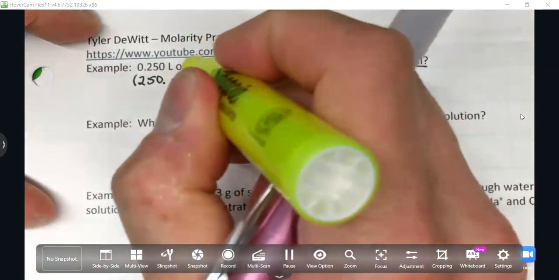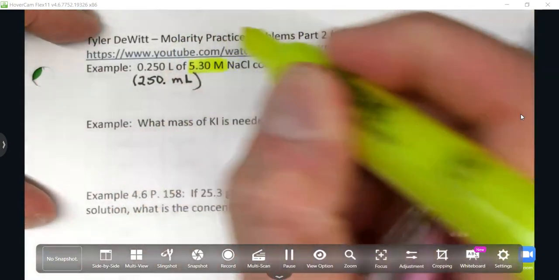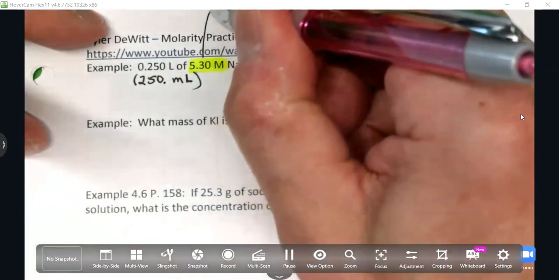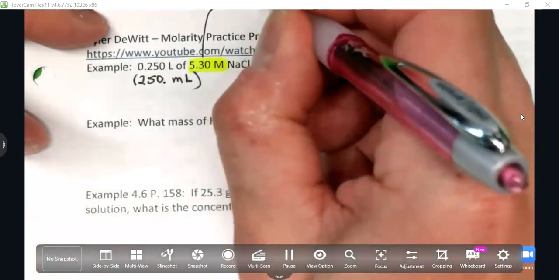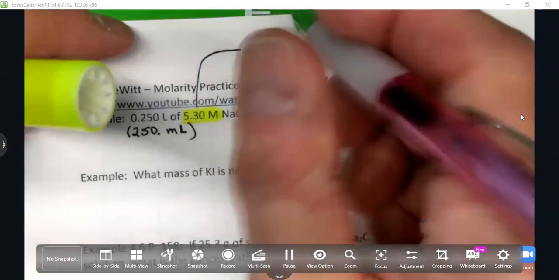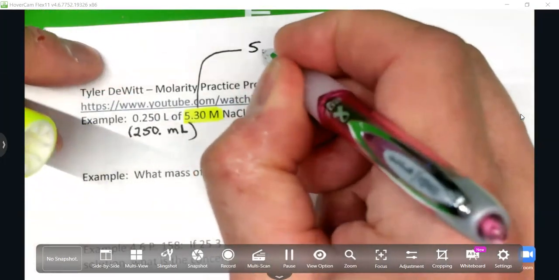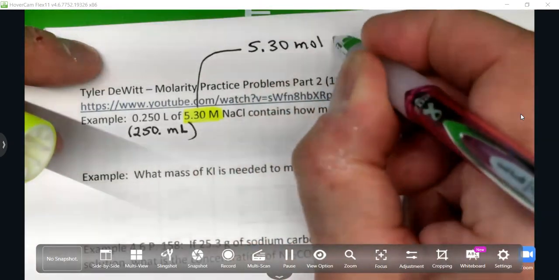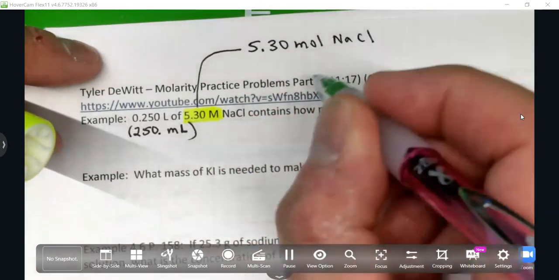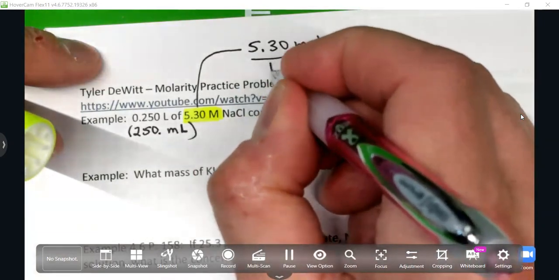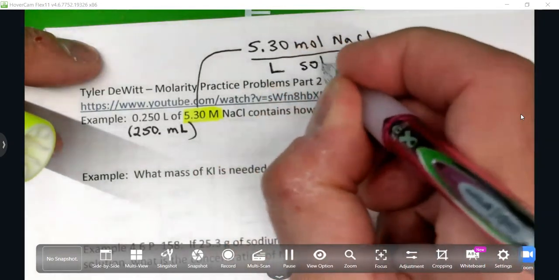So it's back to the single unit number and the double unit number. So that molarity right there means you have 5.30 mole of NaCl in every liter of solution.